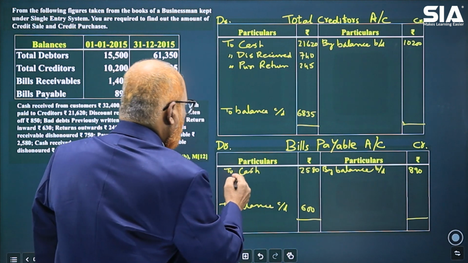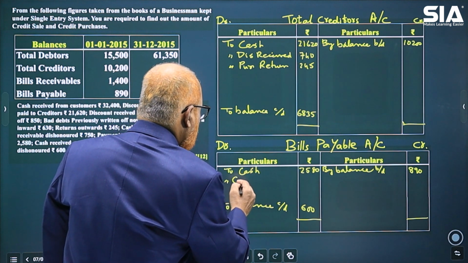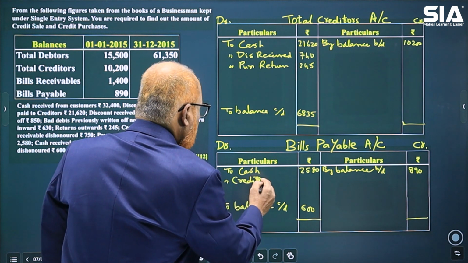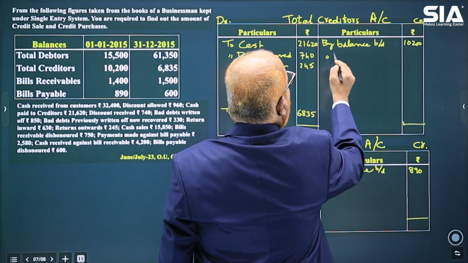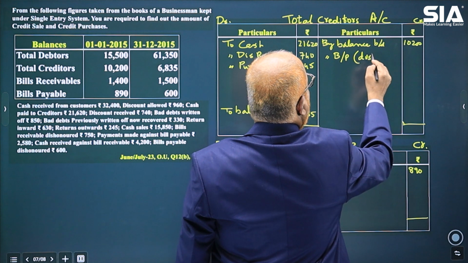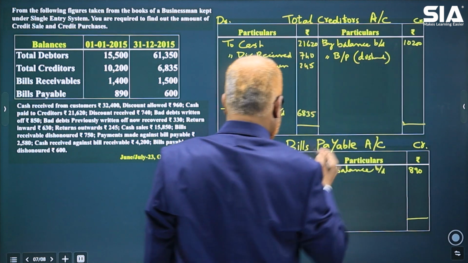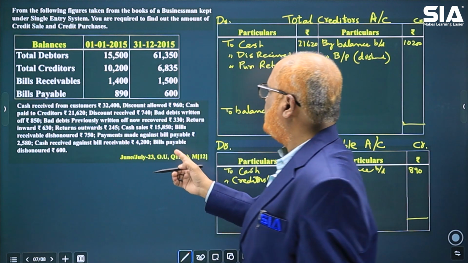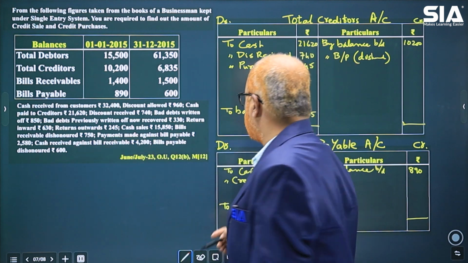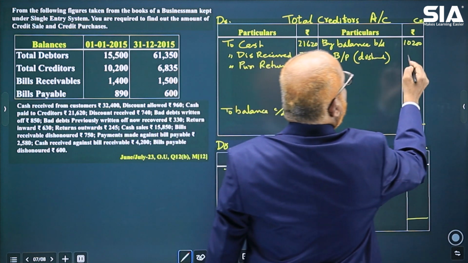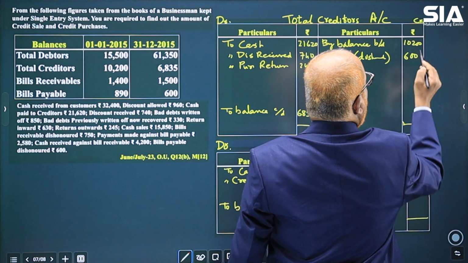So bills payable account debit side creditors, and creditors account credit side by bills payable. This is the dishonored bill. Here also you write dishonored. How much bills payable is dishonored? 600. So I am writing here 600. Here also I am writing 600.